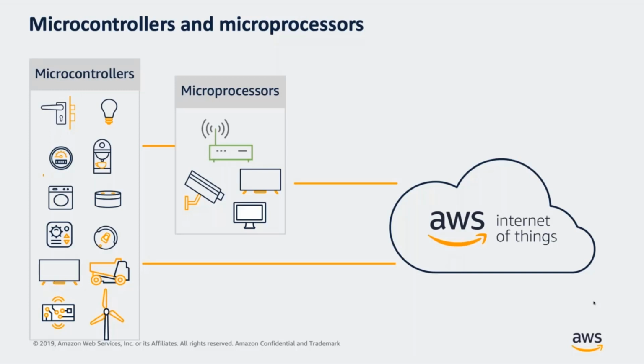And then there are billions of these out there. And so these microcontrollers and processors are generating data, and they are generating a huge amount of data. First, because of the sheer number of these that are out there, and the frequency at which they are generating data. These two things result in lots of data being generated by these IoT devices.